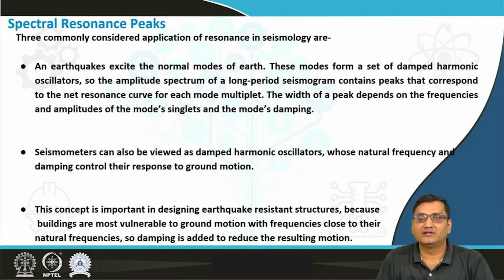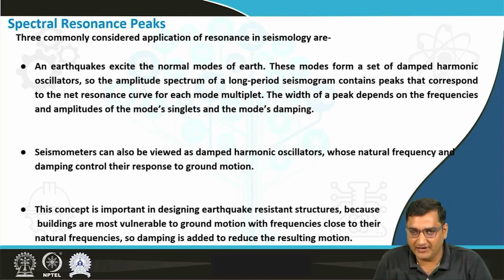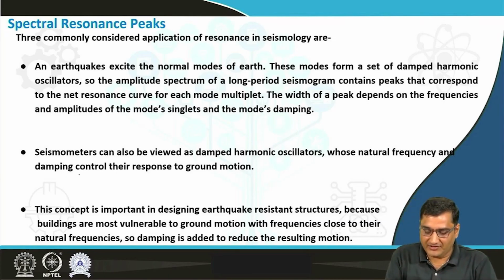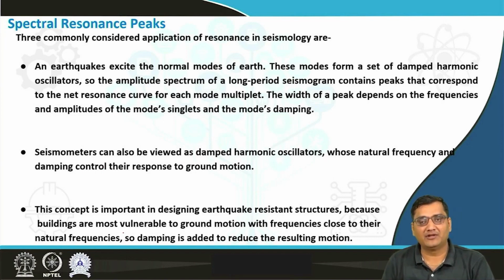The width of a peak depends on the frequencies and amplitudes of the mode's singlets and the mode's damping. Another application is the seismometer, which can be viewed as a damped harmonic oscillator, whose natural frequency and damping control its response to the ground motion.